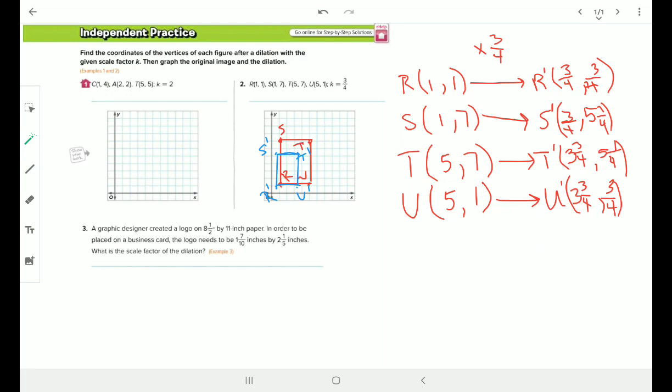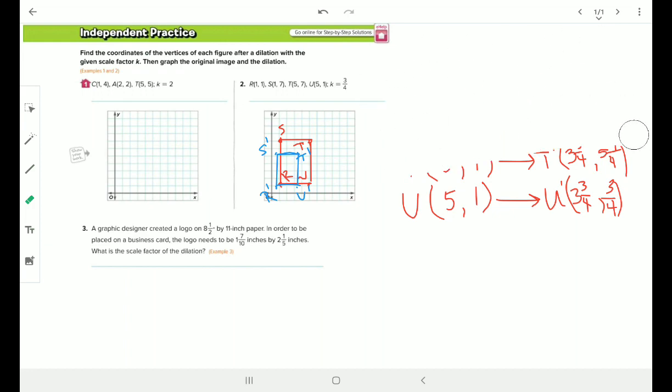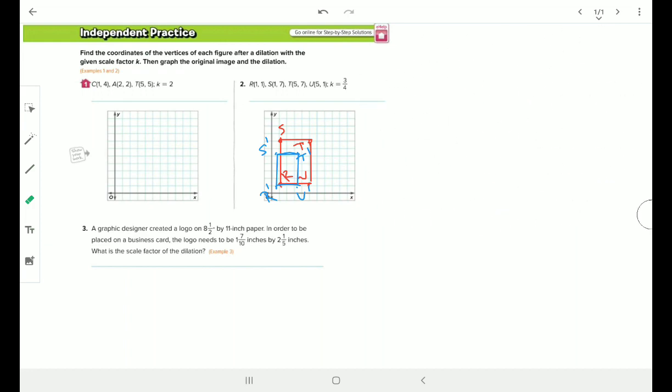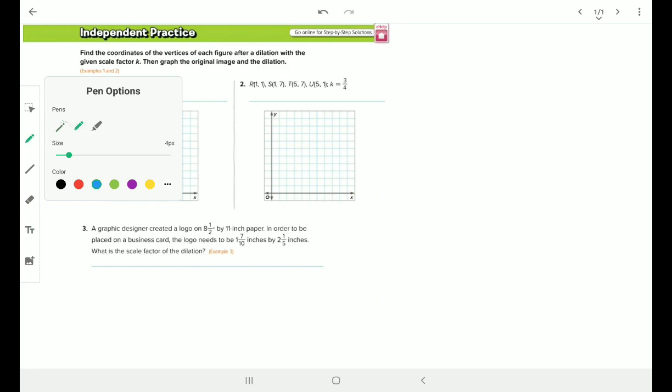With question 3, we are not given a graph anymore. We have to figure out the scale factor given the new dimensions. Okay? And in order to figure this one out, you will need to do a simple calculation, and it's going to be pretty much the same every time.